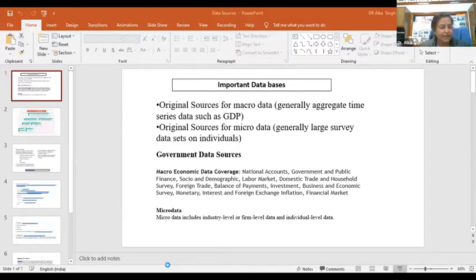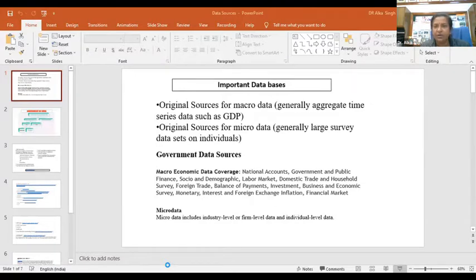Yeah, this is what it looks like. You can see some of the series, state domestic product, all sorts of series are there. Then quarterly estimates of GDP, many things are listed here. You can just go on and you will get it.